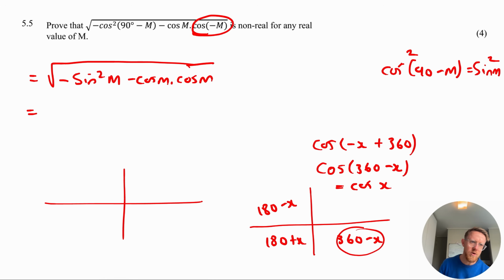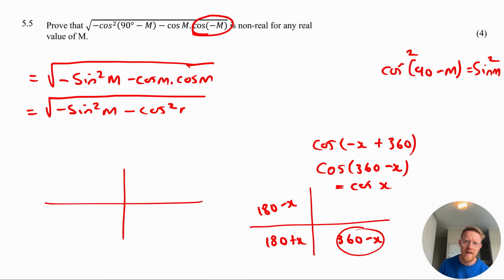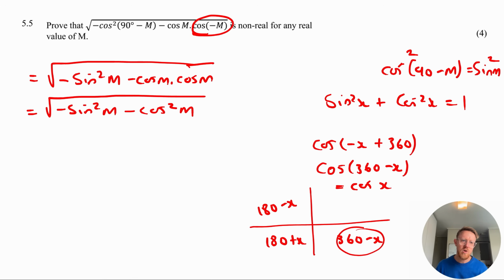Okay, and so now what we have so far is negative sin squared m, and then this part here will become minus cos squared m. Now I'm seeing something from grade 11. I know that from grade 11, if you have sin squared x plus cos squared x, that's always equal to 1. So if I then take out a negative as a common factor here, then I end up with sin squared m plus cos squared m.